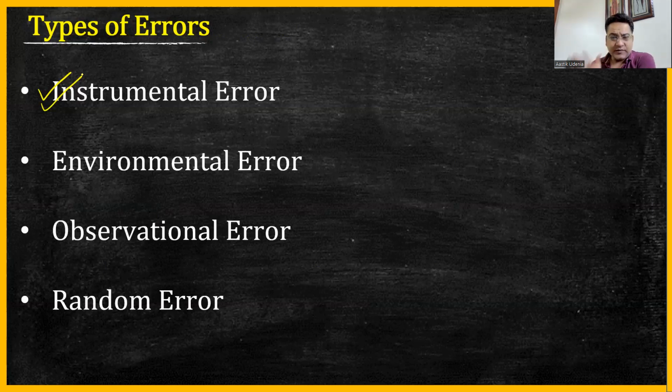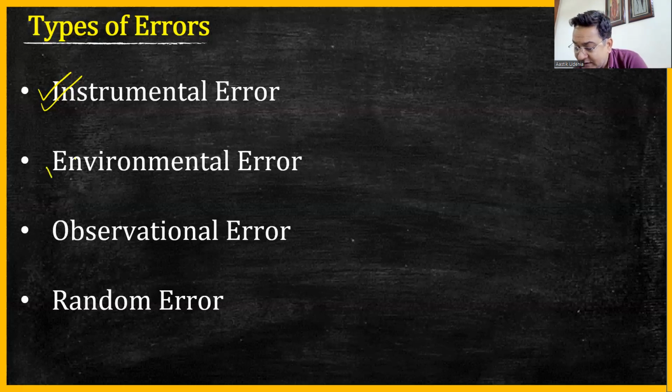If the instrument is not properly marked, it is broken, something wrong with the instrument, the markings are not proper, the temperature has changed. Remember, when the temperature changes, the space between the markings changes. Yes, sir. The instrument can have an error. There can be an error in the instrument only. Because of those, there will be an error in the readings that you record, and those errors are known as instrumental error. Do you understand this?